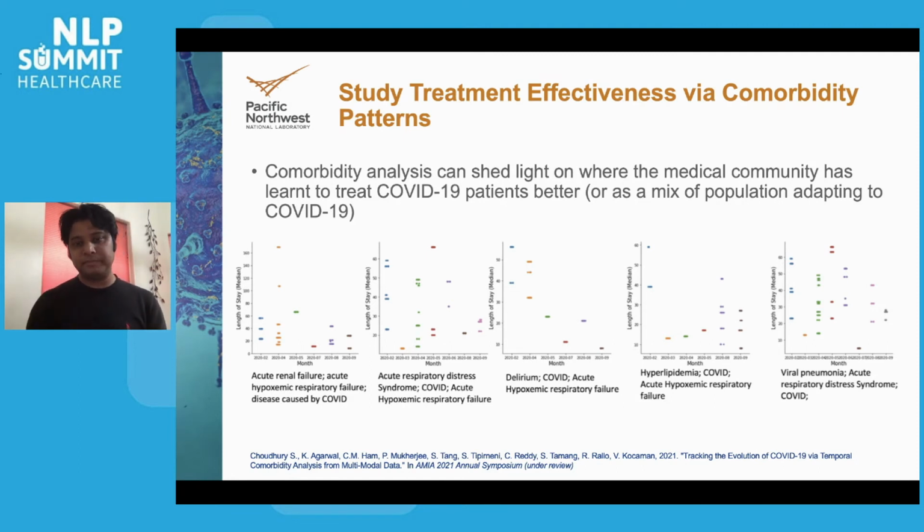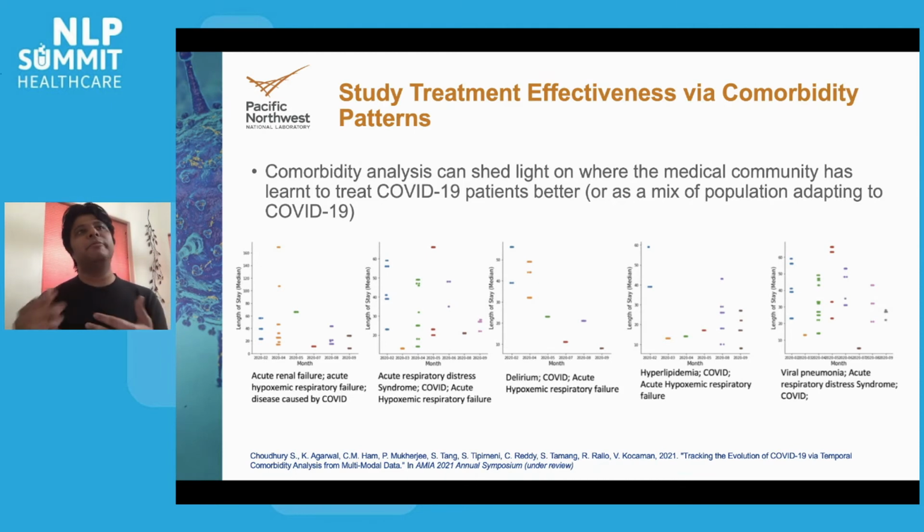the length of stay. So this effectively gives us a way to go beyond looking at very coarse-grained indicators, just by looking at the risk factors or gender or race, and dive into more of these finer aspects, looking at specific comorbidities: which patients, with which comorbidity profiles, are getting treated better, where we need to focus, and where the improvements are not happening.